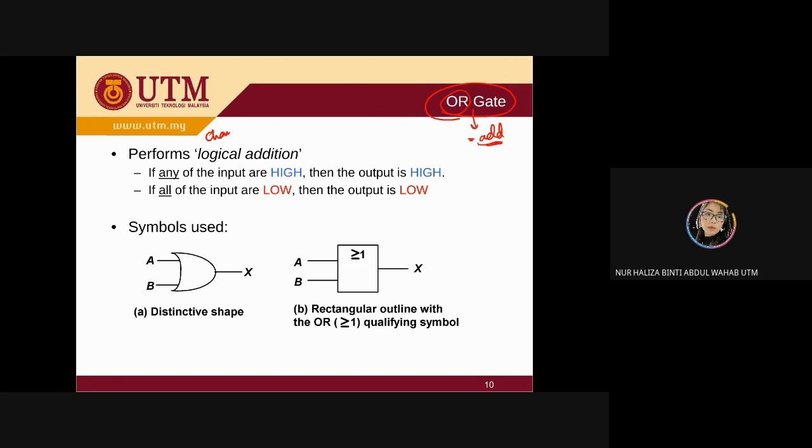For this OR gate, I always think that whenever I have input one on any input, I will also get one for my output. Only if I have 0, 0, then my answer will be low. So it depends on you which part is easy for you to memorize. And this is our symbol. You can also take a look in your module 1.